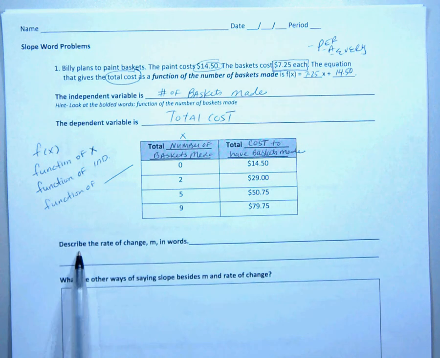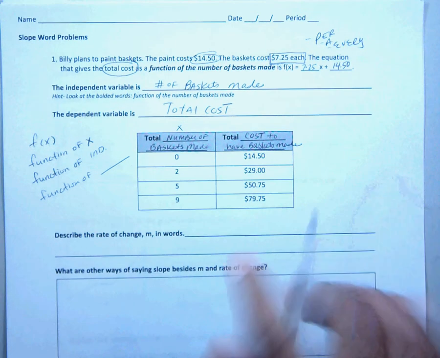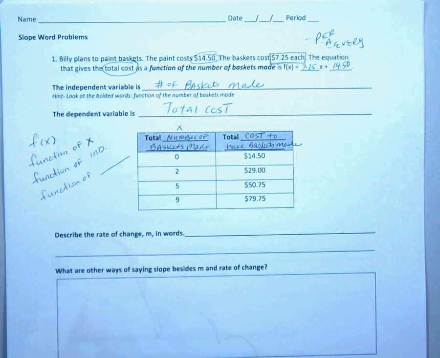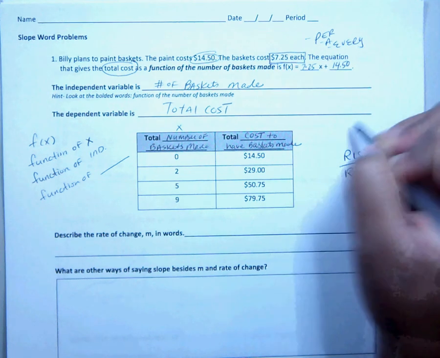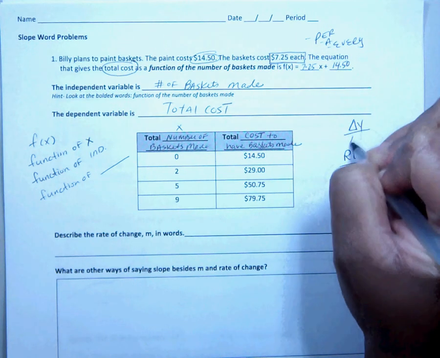So I want to here describe the rate of change M in words. The biggest thing about this question that you need to know, we've already talked about slope meaning rise over run. We know that slope is the change in y over the change in x.